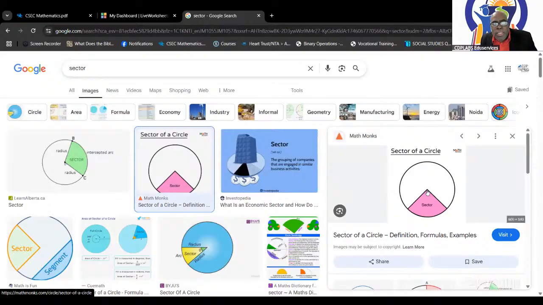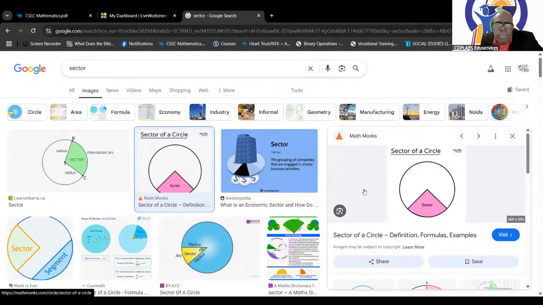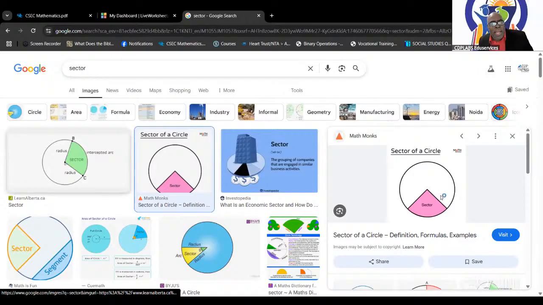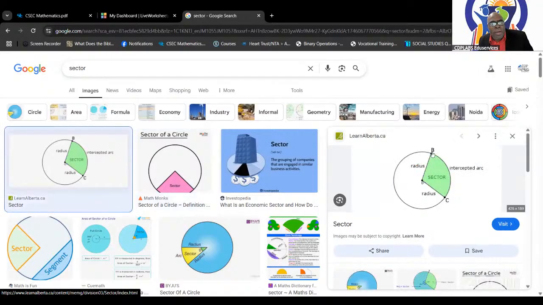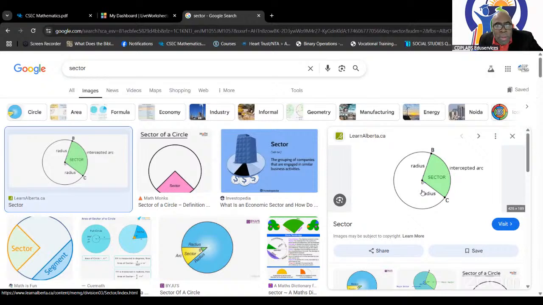Well, so what would these lines be, from here to here, here to here? So that would have been one sector. Look at the lines that make up a sector. So you have an intercepted arc. I also have the radius. So the question then is, how would you find the perimeter of the sector?